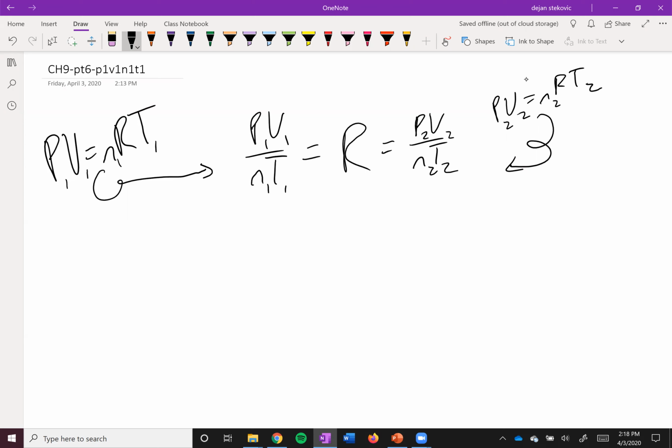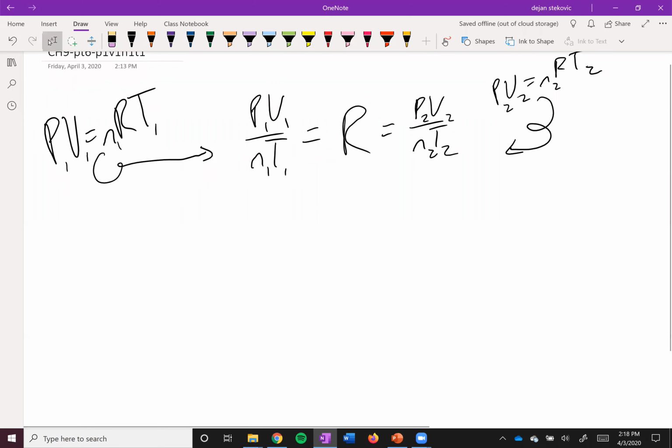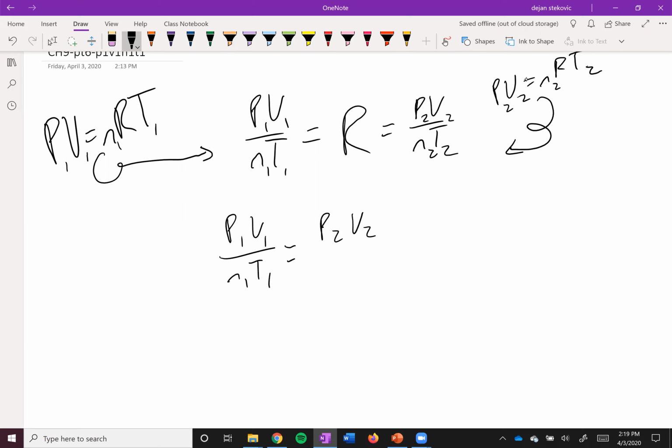And so if they're both equal to R, they must be equal to each other. So the equation is just P1V1 over n1T1 equals P2V2 over n2T2. The only trick here that you have to be careful about is that T1 and T2, both of the temperatures, must be in Kelvin.